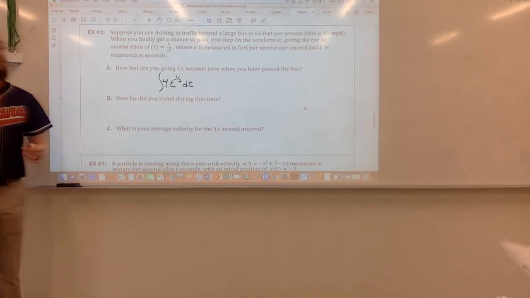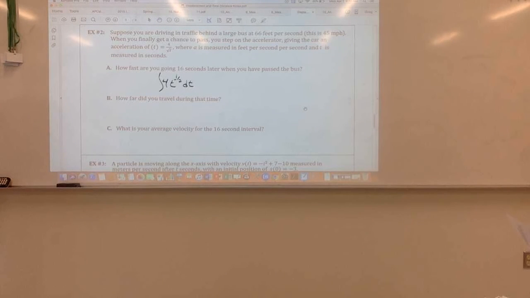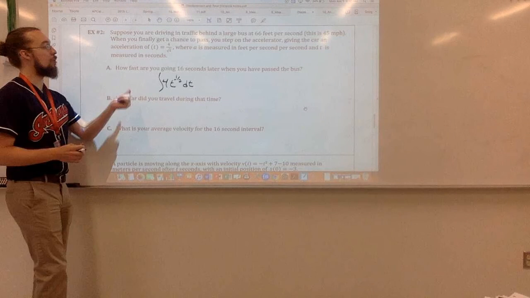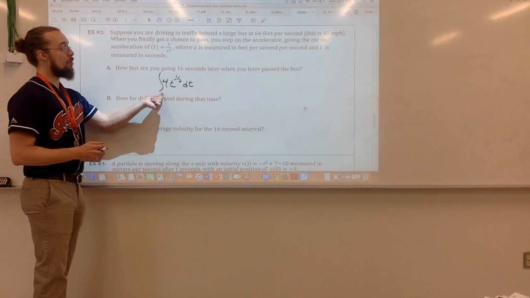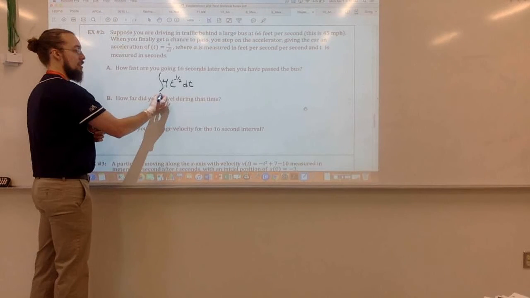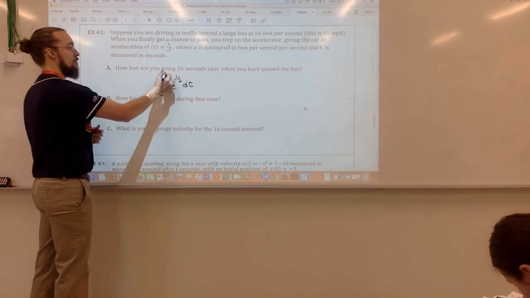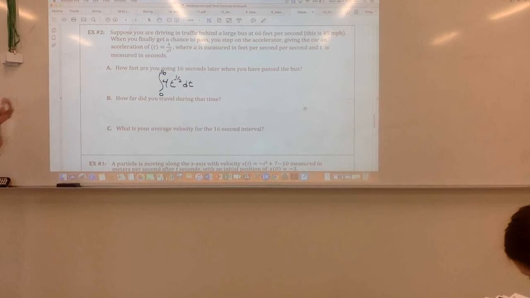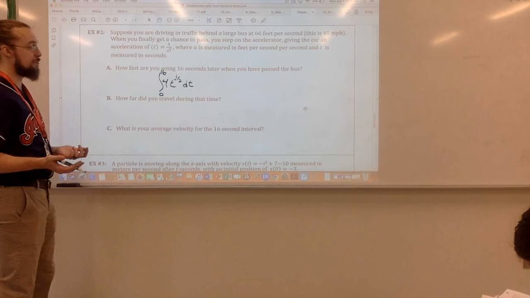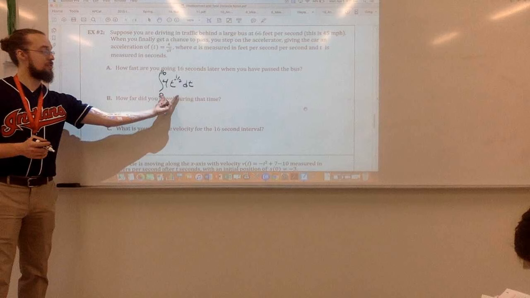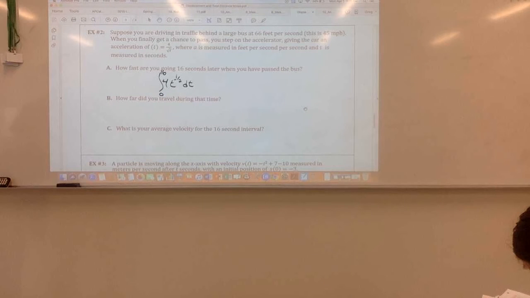Yes, we want to find displacement of velocity here to get my new velocity. So what I want here are my bounds, 0 to 16. This is going to tell me how much my velocity changed over this 16-second interval. So what is this integral? We plug this into the calculator.